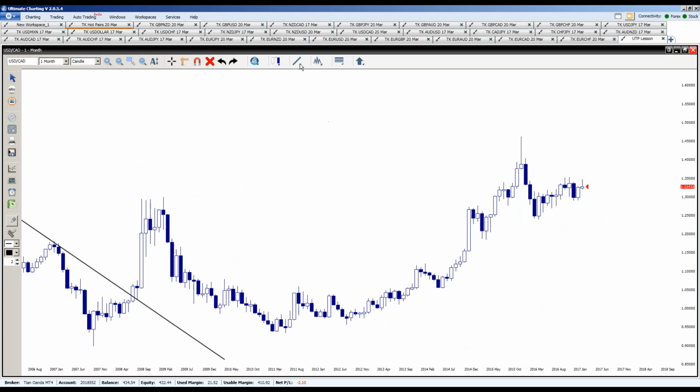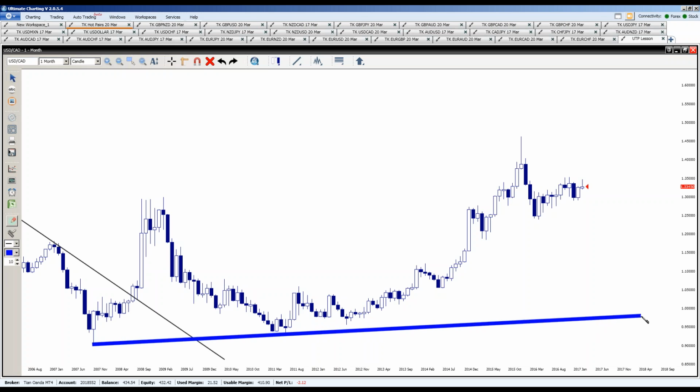So now what I'm going to do is connect these first two lows, and those will be called the lower significant turning point, because I have two higher lows after the market violated or breached the previous downtrend. So this will be the long-term trend.